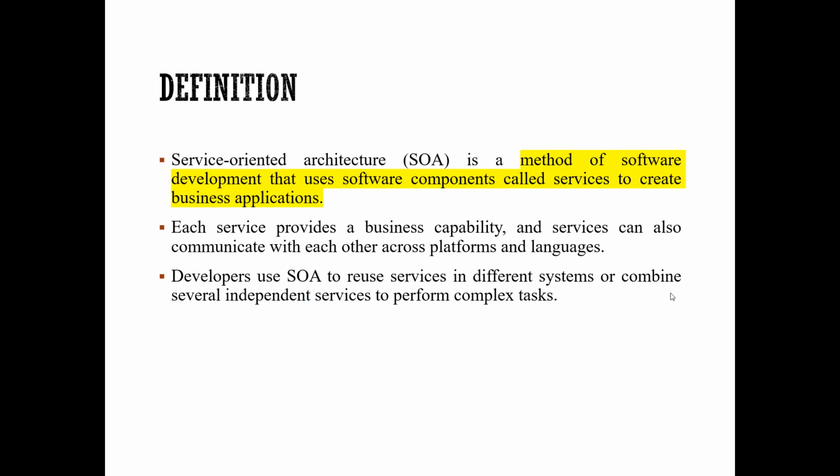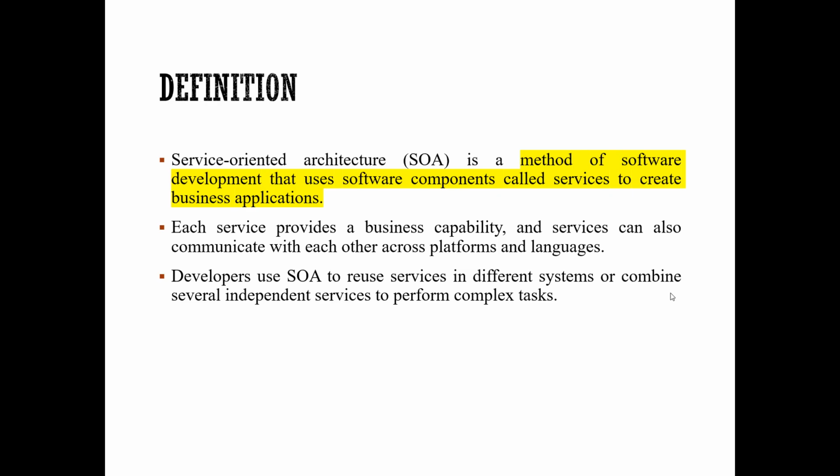The definition of SOA is a method of software development that uses software components called services to create business applications. It is a software development approach where applications are built using reusable services. For example, in an MNC company, the software developer will not create separate business applications.